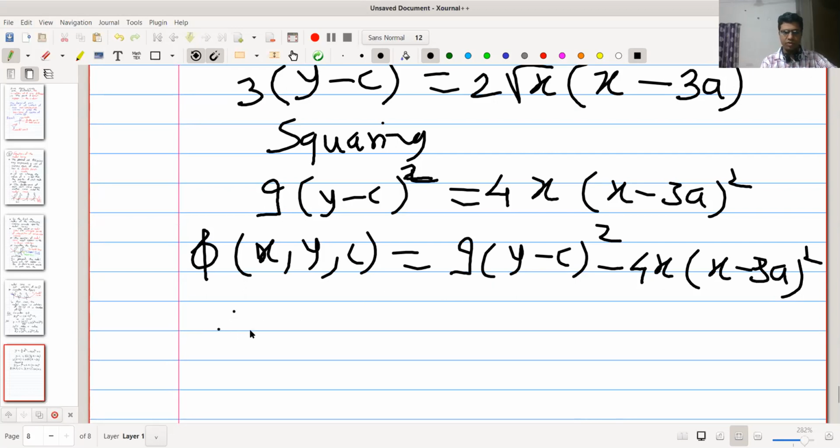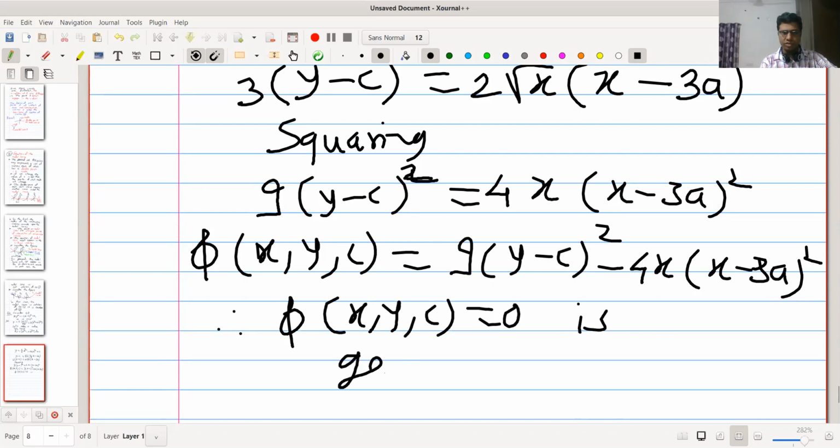Therefore phi of x y c equal to 0 is the general solution.